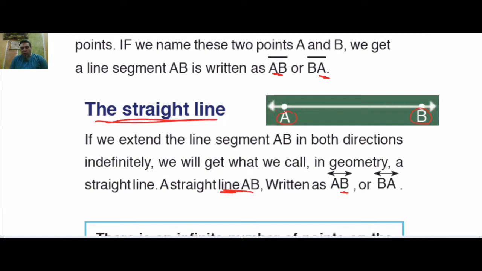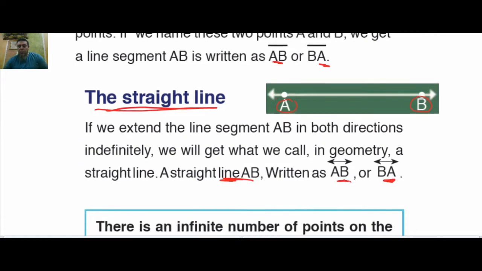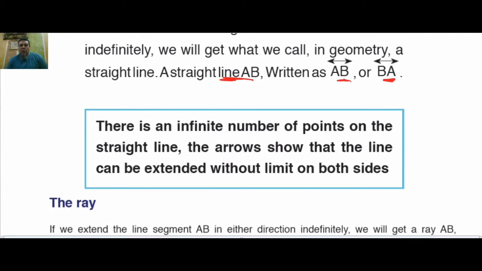The arrow on A means the direction towards A. The arrow on B means the direction towards B. So it is the straight line AB or straight line BA. There is an infinite number of points on the straight line.